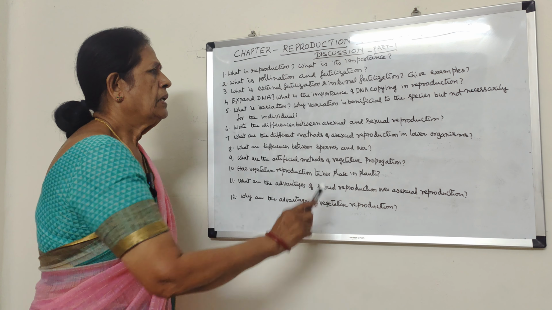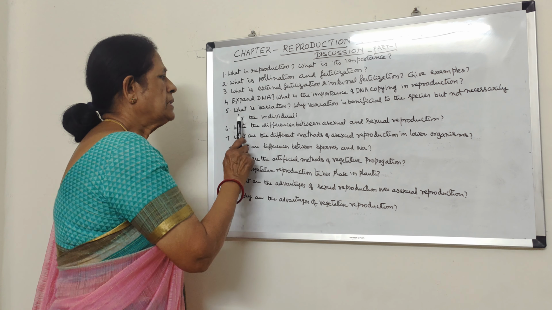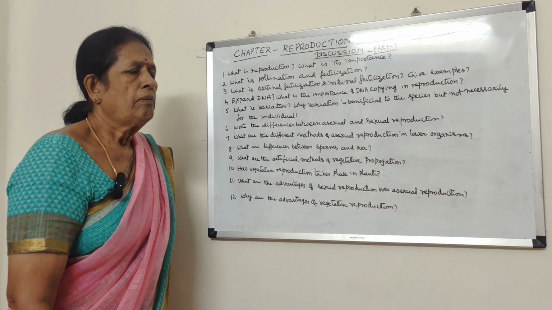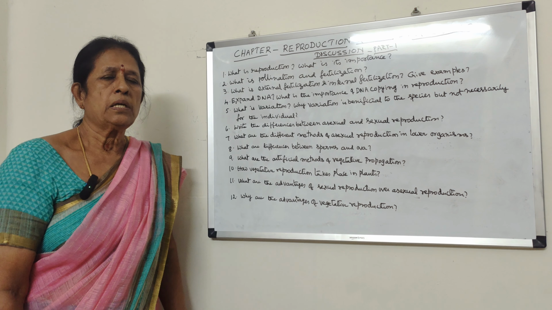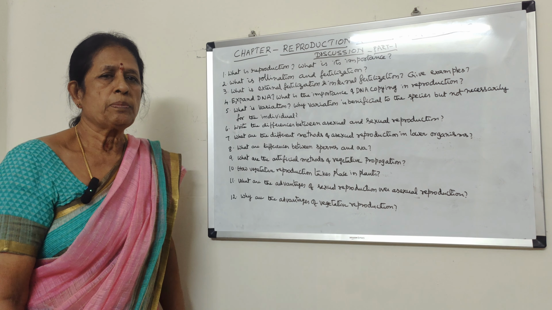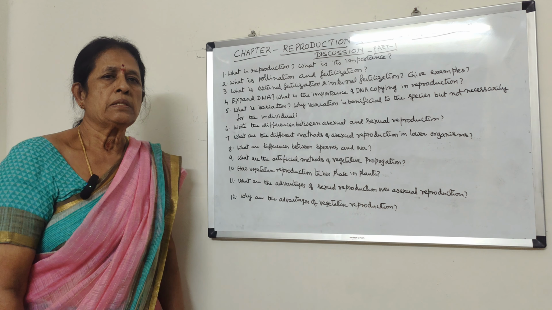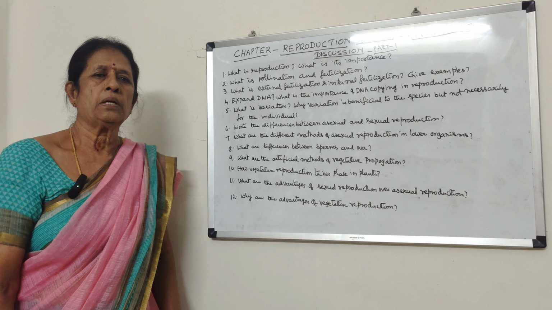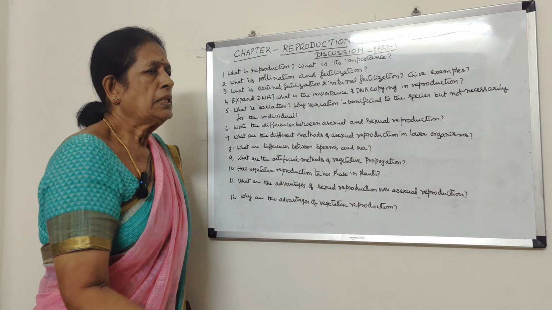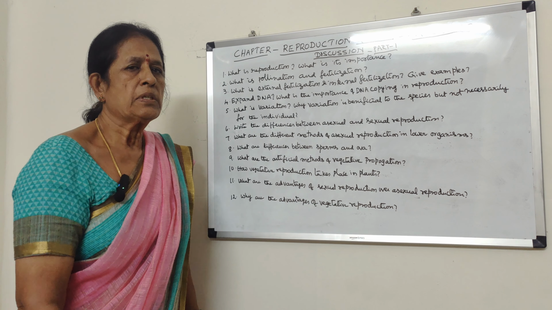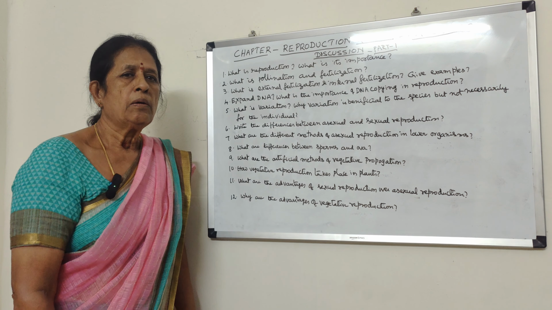What is variation? Why is variation beneficial to the species but not necessarily for the individual? The minor differences that are found in the organisms belonging to the same species are called variation. So variation is beneficial to the species. That means if every organism in the species is alike, what happens?